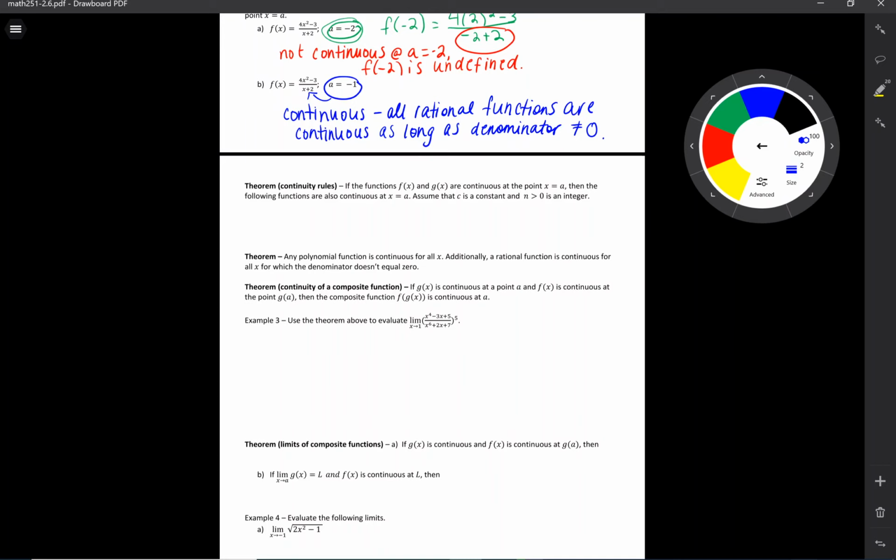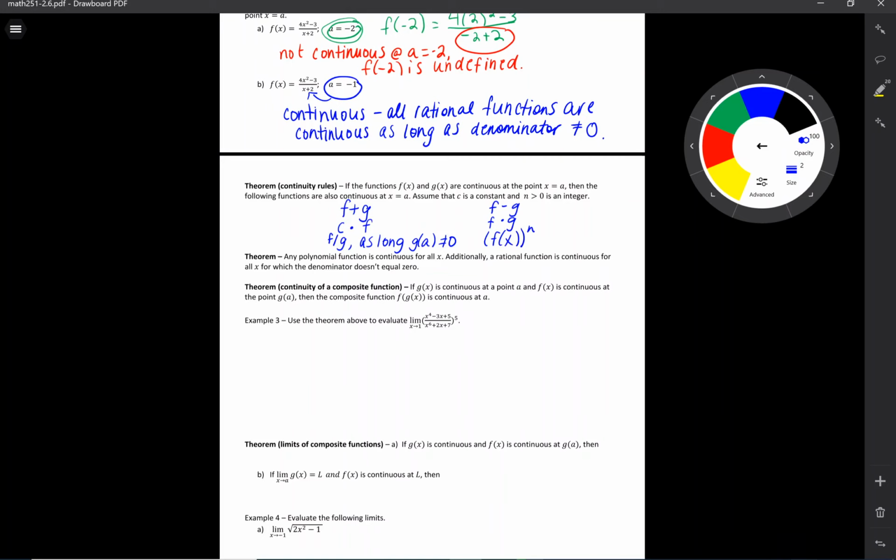So if f and g are continuous at the point a, then so is f plus g, c times f, divided by g, as long as g is not equal to 0. Also, f minus g is continuous at the point a, f times g is continuous at the point a, and f of x to the power of n is continuous at the point x equals a.